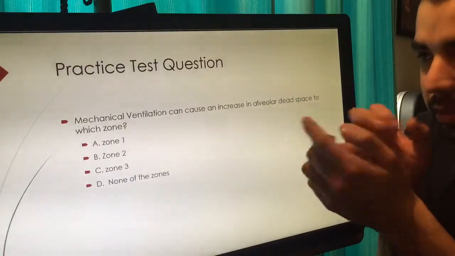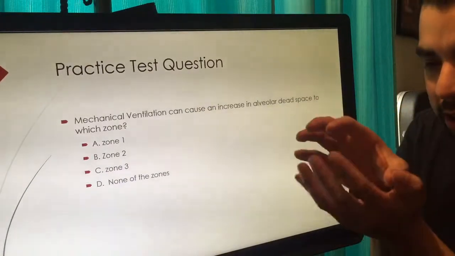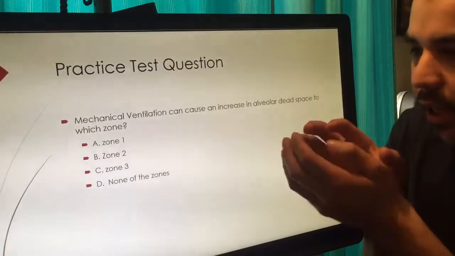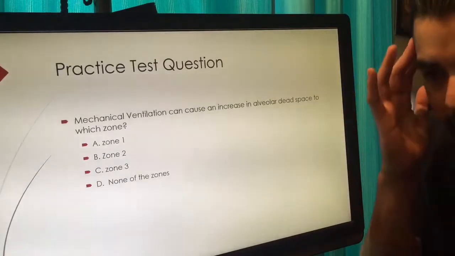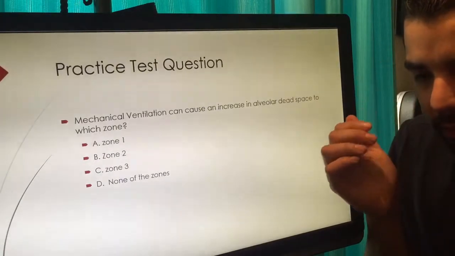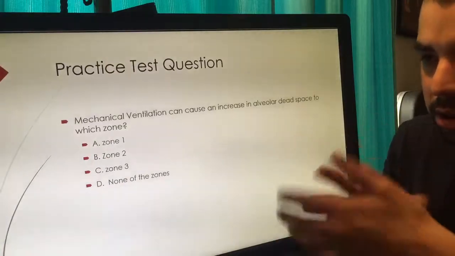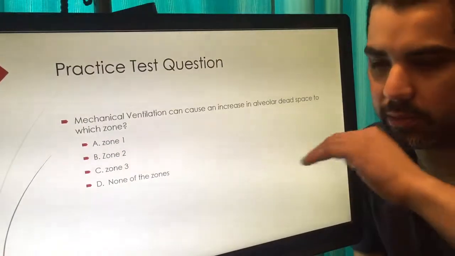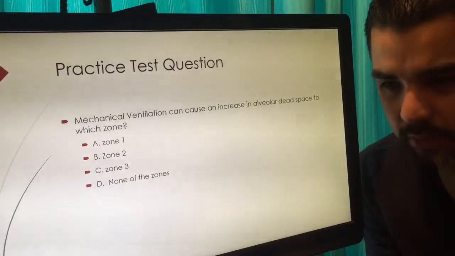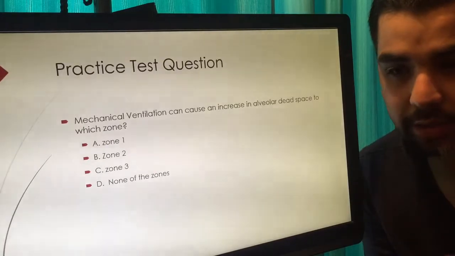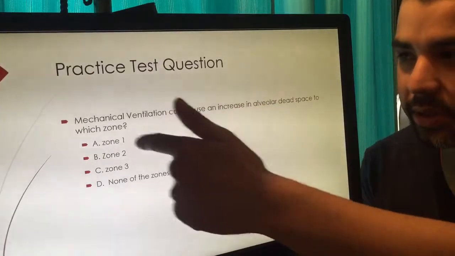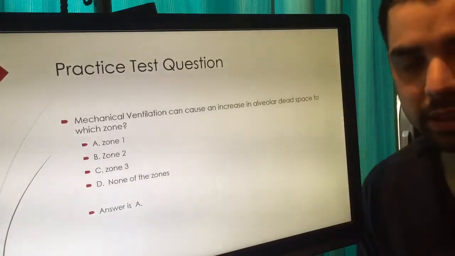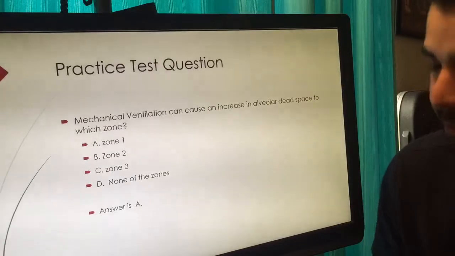Adding more positive pressure ventilation to those alveoli, they're not going to have more room to expand because they're so big, and all the other alveoli are just going to be full of air. It can completely cut off perfusion going to those alveoli in the apices. So zone 1 is your answer, because alveolar dead space is ventilation but no perfusion.